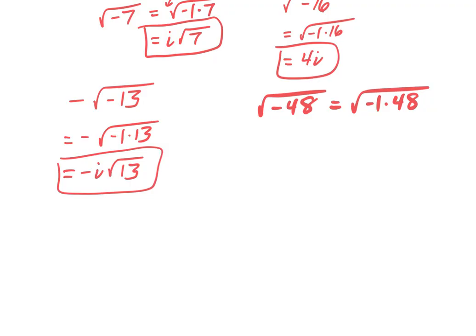You could do the tree, where you could take 48 and you could find the prime factorization. Okay, anything that goes into 48 would be like 6 and 8. And then I keep breaking it down into 2 and 3, 2 and 4, and then 4 breaks up into 2 and 2.